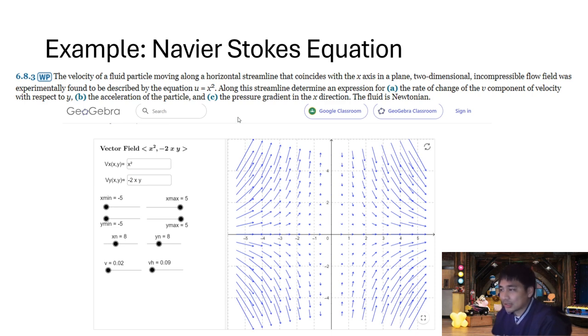We talked about conceptually what each term means and what increasing something does and the whole concept behind it. And now this is actually solving for quantities within the equation, so an actual application. So hopefully the Navier-Stokes equation is really coming together in your brain now.